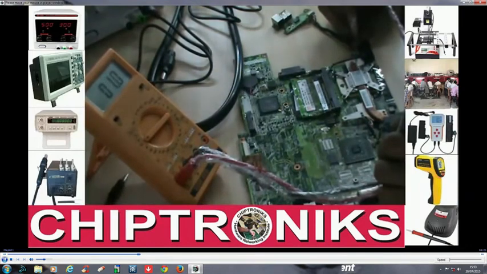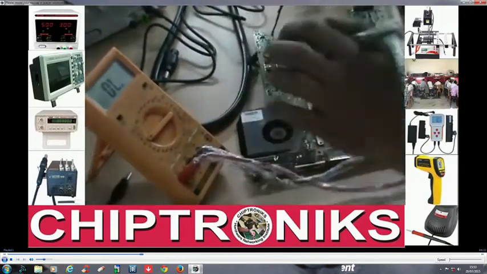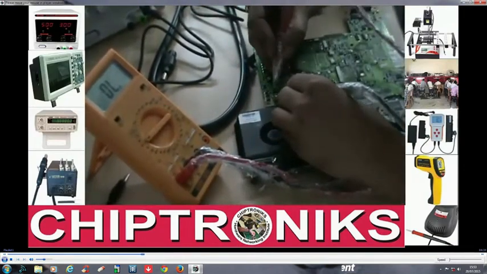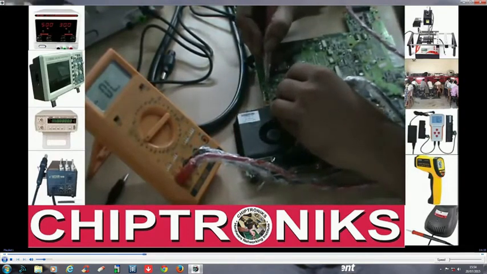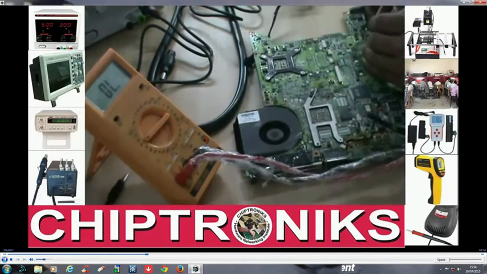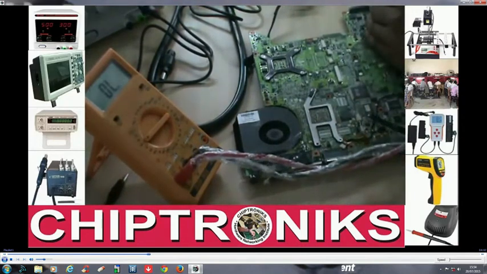Yeah, this is the shorting. Now when I check, everywhere I get shorting. Every component gives a beep. Look, everywhere shorting inside the motherboard.